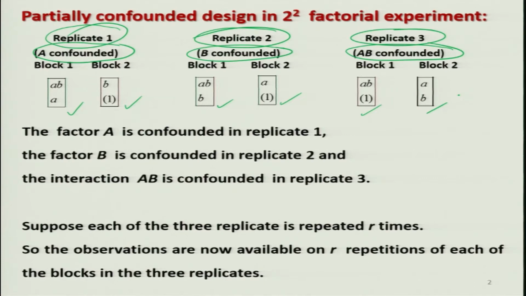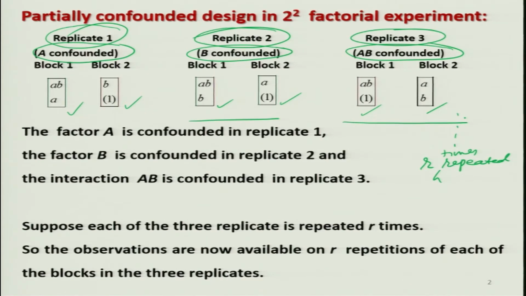Each of these replicates is repeated here r times. In the case of partial confounding, A is confounded in replicate 1, but in replicate 2 and replicate 3 it is not confounded.